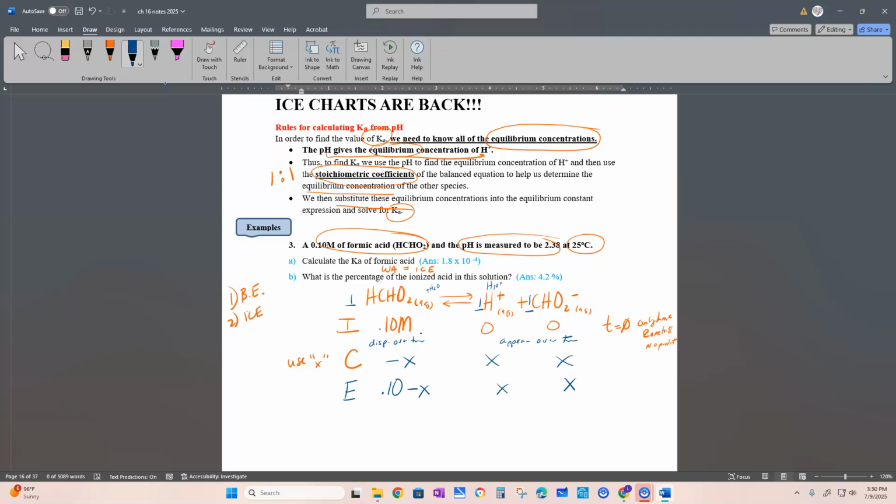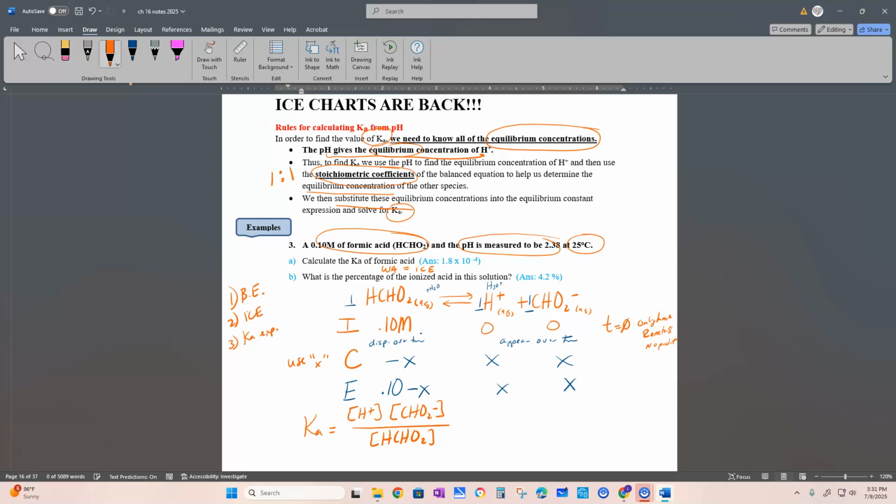Okay? So, once I do that, now number 3, you need your Ka expression. So my Ka expression, always got to write a K expression: products, so H plus concentration, CHO2 minus, don't forget your charges, and then the acid.